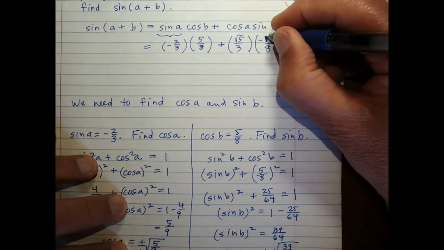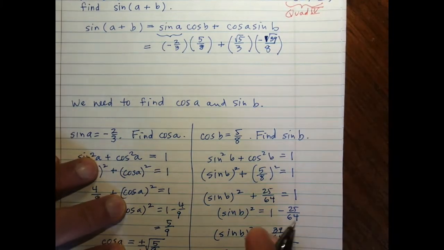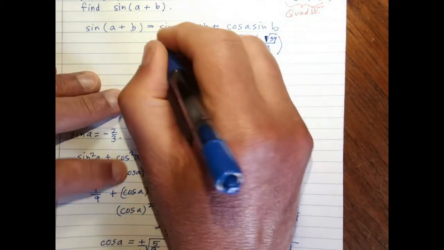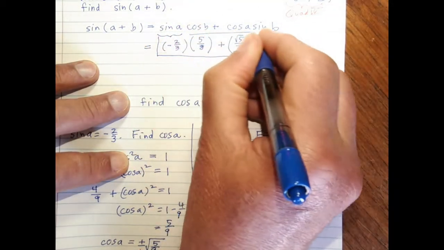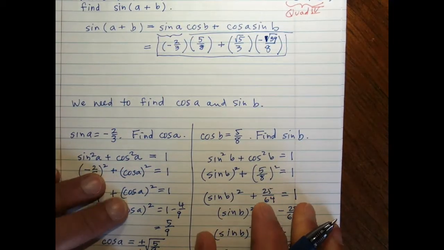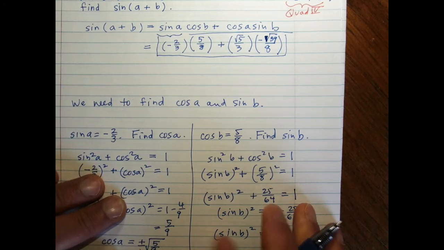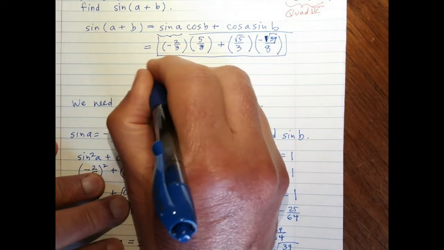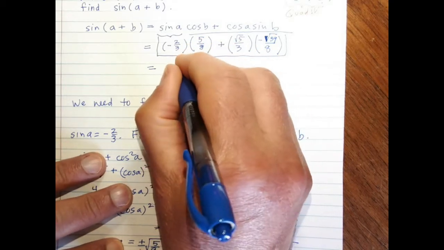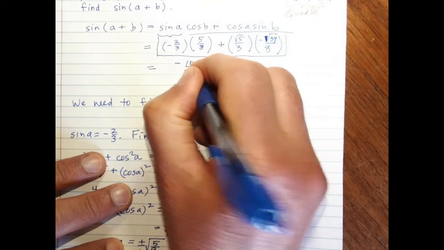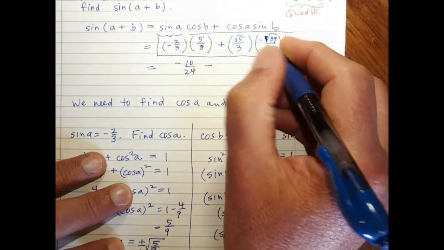And you can leave this type of answer this way. I don't want you to have to go through all the fraction manipulations. So I'd be perfectly happy to see an answer written that way, but I'll clean it up a little bit here. Let's see, we can write this as negative 10/24ths. It's going to be minus.